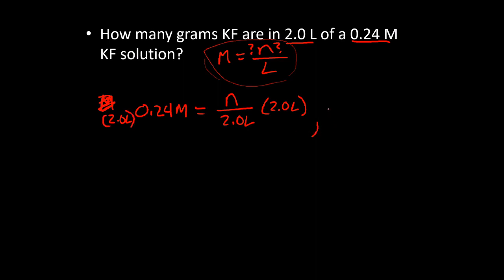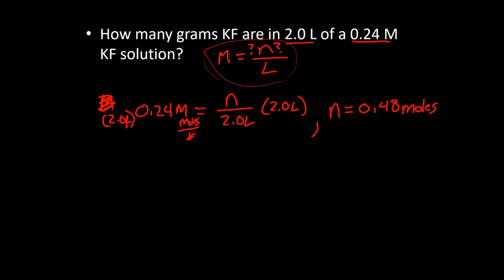That will give me n is equal to, and by the way, the molarity here, that is moles per liter. And so when we multiply the liters by the moles per liter, those liters are just going to cancel out, leaving us with moles. So that is going to be 0.48 moles.